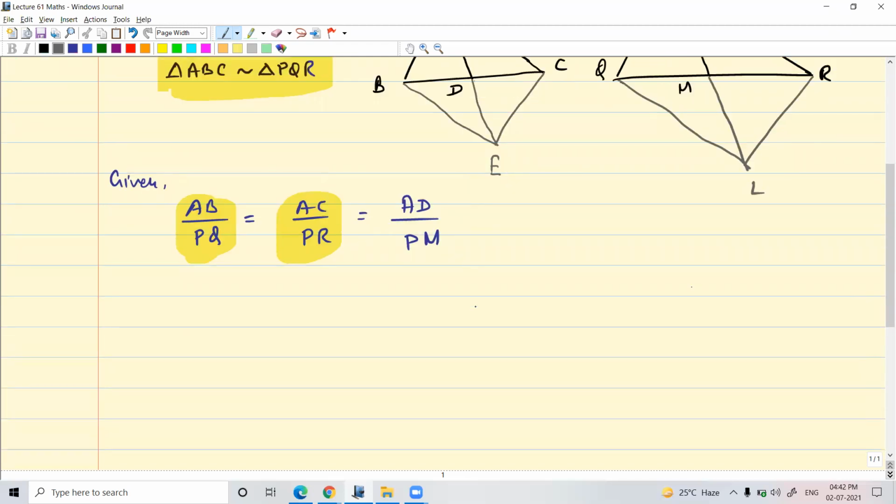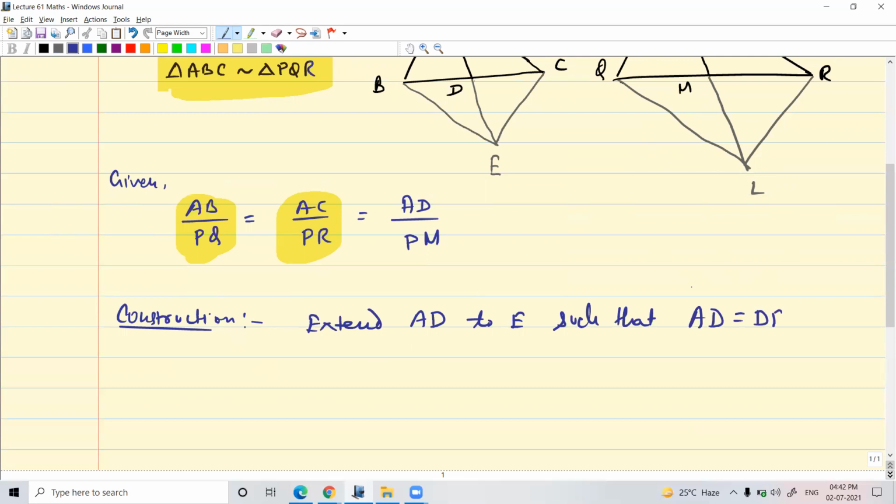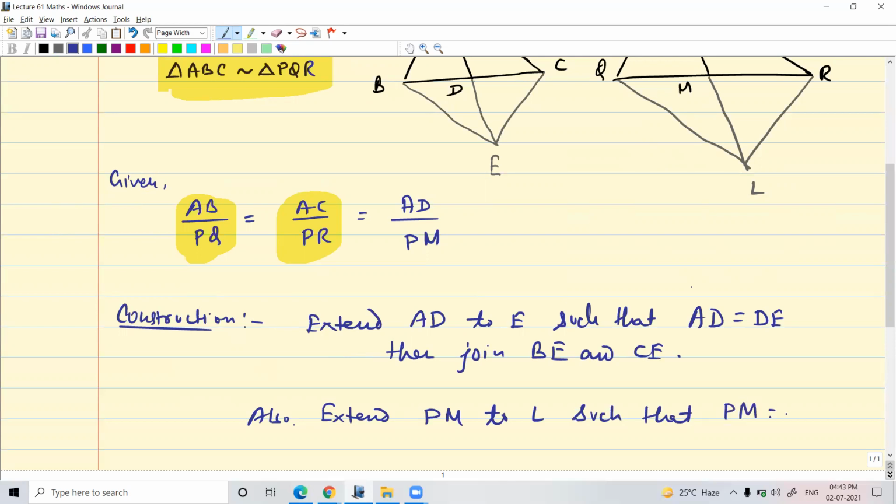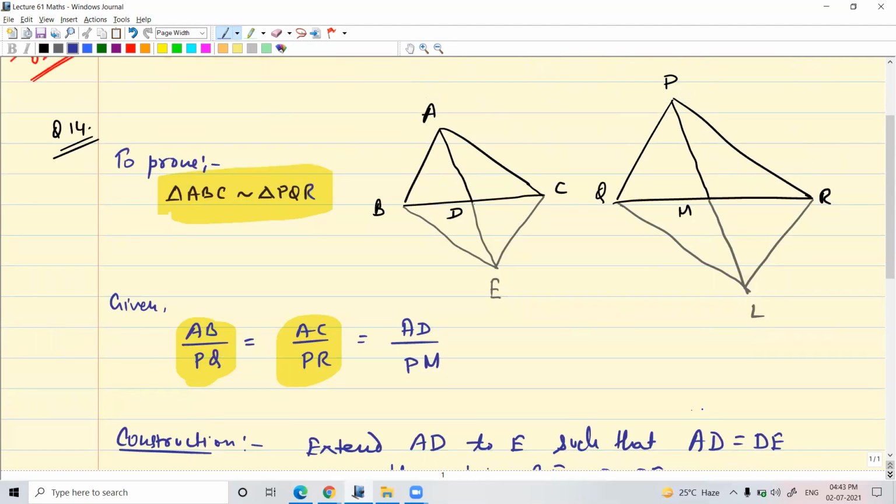Okay. Let's write down the construction steps. Everyone understands what the construction step is?